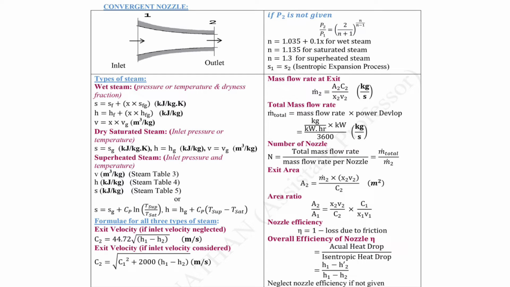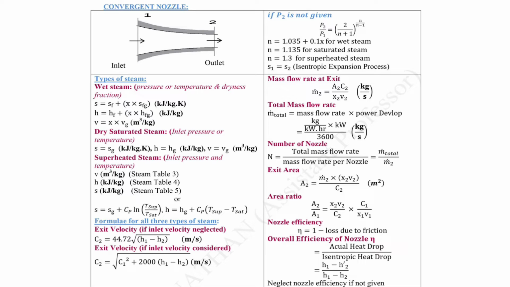Then mass flow rate is equal to A2 multiplied with velocity divided by x2 multiplied with specific volume of the steam, and total mass flow rate multiplied with power developed.